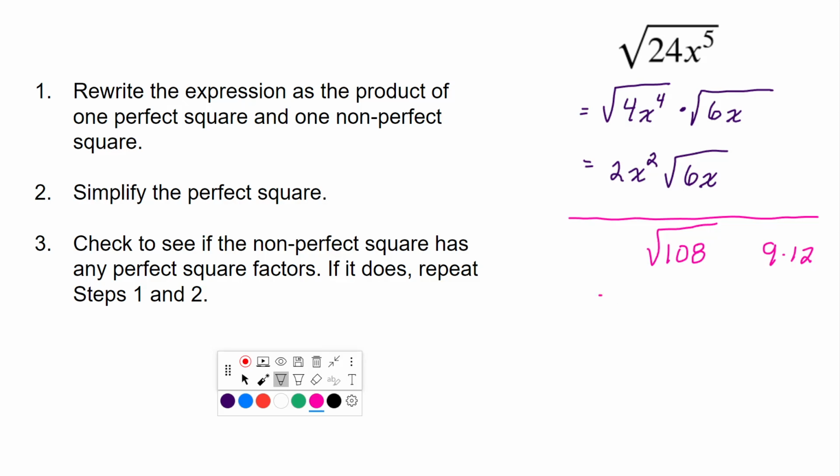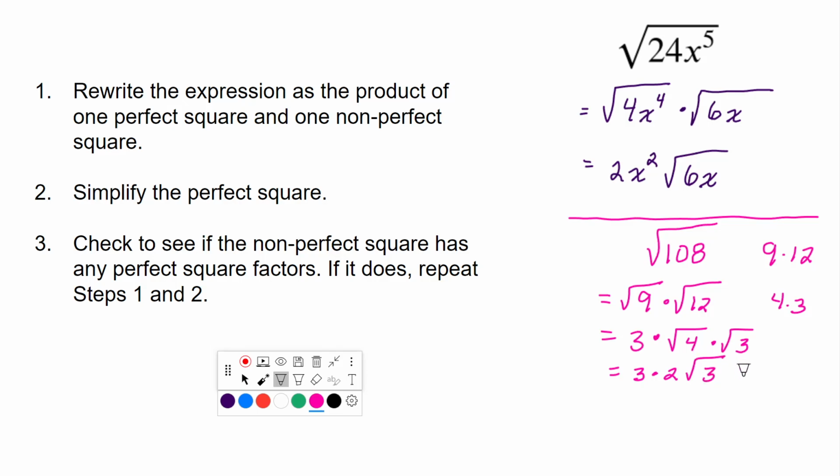So I'm going to break this down to the square root of 9 times the square root of 12. Now the square root of 9 is 3. 12 can break down into 4 times 3, with 4 being my perfect square. So my square root of 12 I'm going to write as the square root of 4 times the square root of 3. So now I have 3 times 2 times the square root of 3.